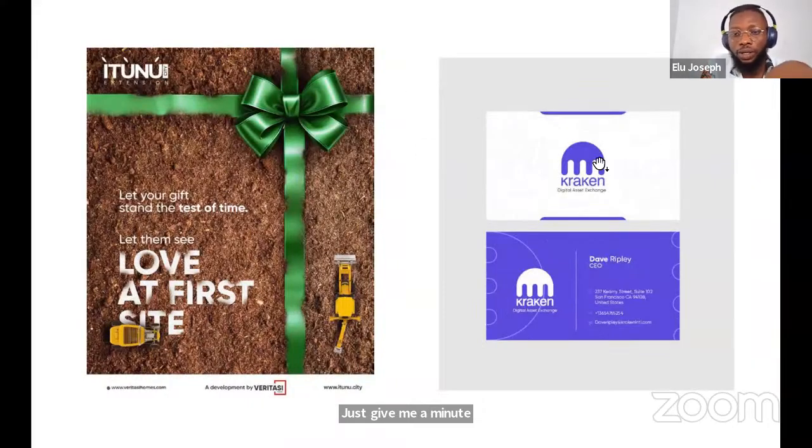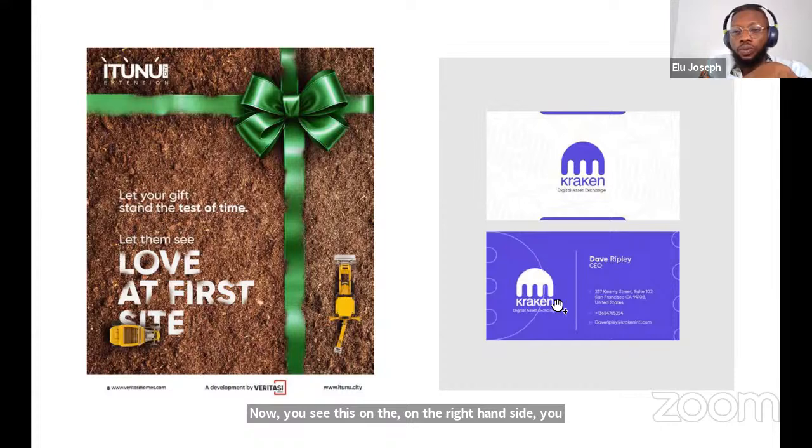Now, on the right hand side, you see a business card. The logo of the business card that has the shape of a cone or ice cream, whatever, is an example of a vector shape, or a vector image rather.